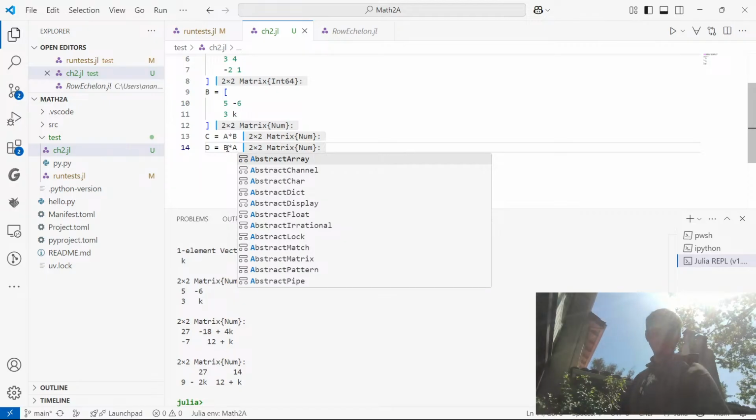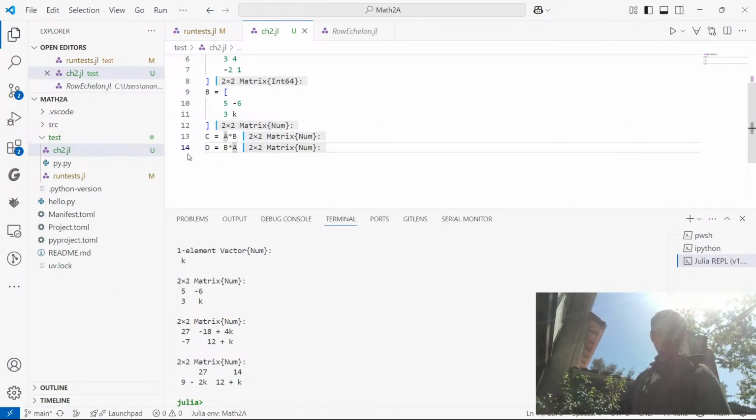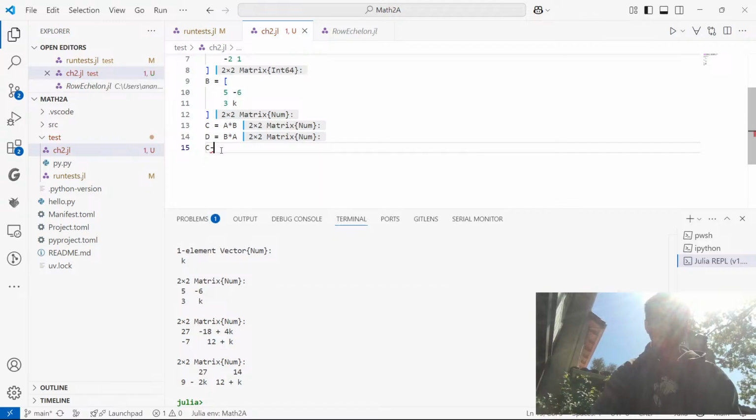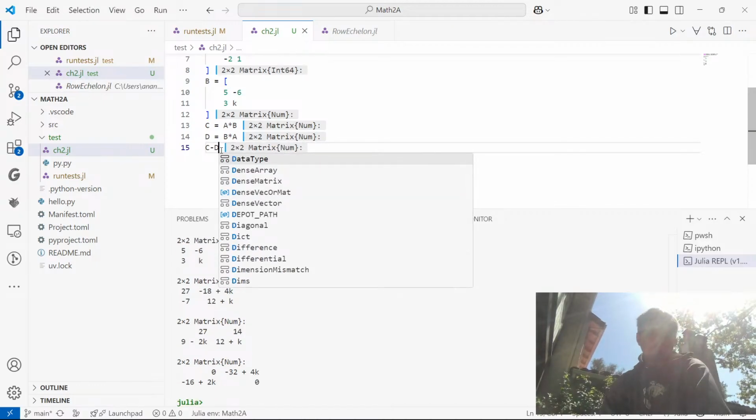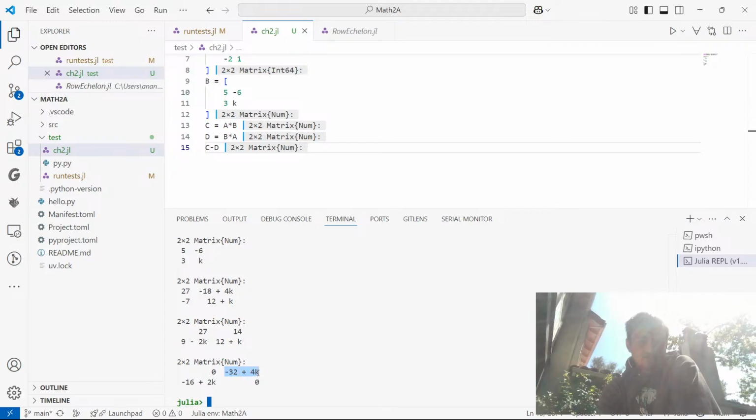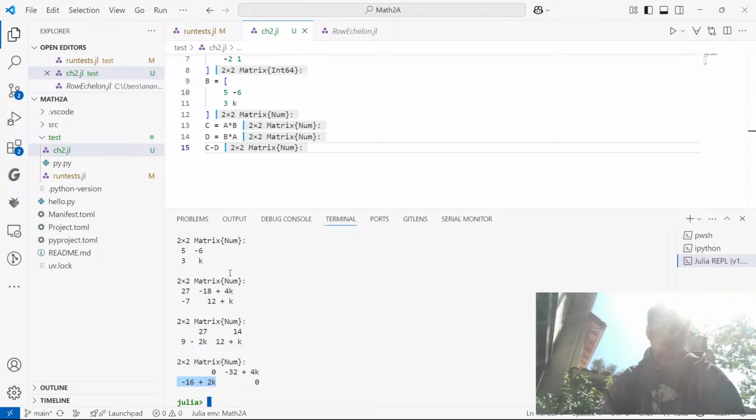Okay, so now we should be able to do C minus D, right? C minus D. And then basically if these two things are 0, what's going on?